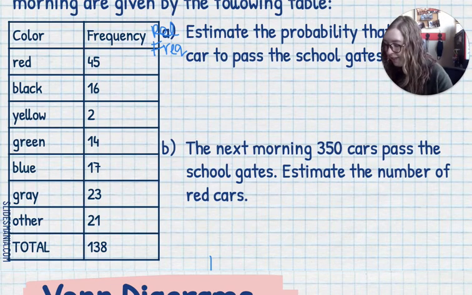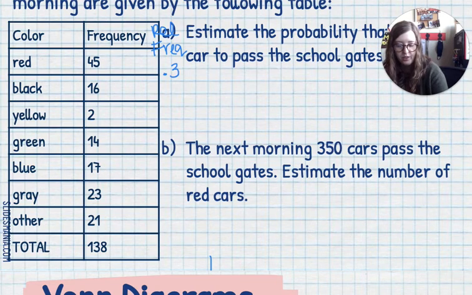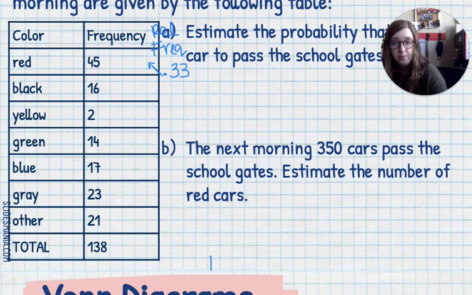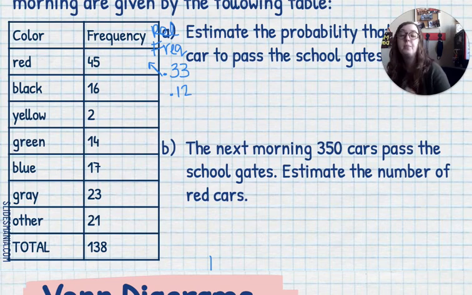So 45 divided by our total of 138 is going to give me 0.326, so 0.33 for my relative frequency of getting a red car. Relative frequency of a black car, we'll take 16 divided by 138 and get 0.1159, so maybe 0.12. So that's the probability that the next car is going to be black.